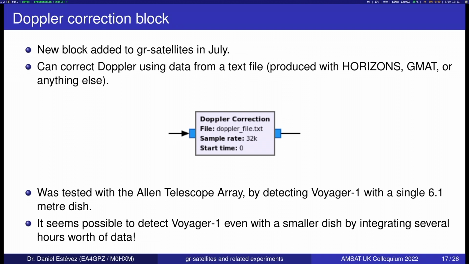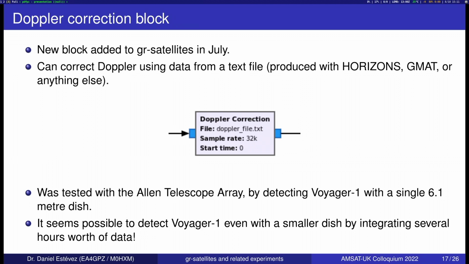And you can generate that file with Horizons, GMAT, or whatever. You could even use this with TLEs for low Earth satellites. But the point is, you can have any sort of Doppler description. And you can basically use this very easily. Signal comes in, you set the text file to use for describing the Doppler. You set the sample rate, and there you go. This corrects the Doppler according to the file.